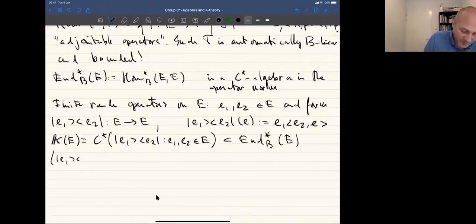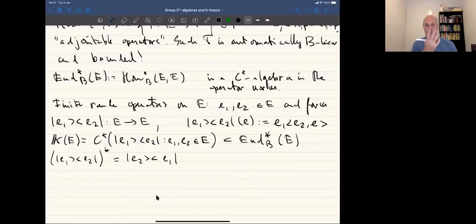You can check that for these rank 1 operators, the adjoint is just a flip. So you flip the ket and the bra. So that means that these rank 1 operators are adjointable, and then I take the C-star algebra generated by those things in the adjointable operators.